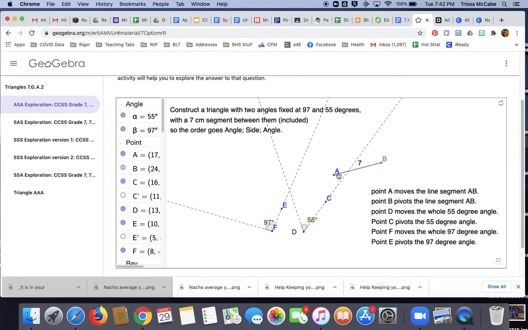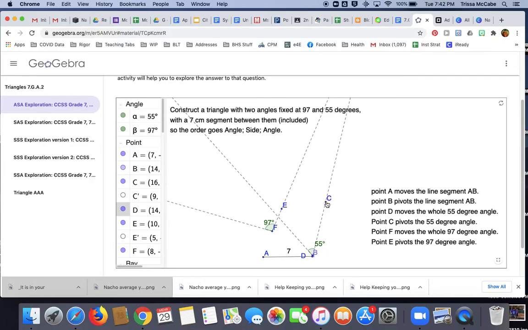We're going to take this segment AB, and we are going to construct a triangle that has two angles at 97 and at 55 degrees with this 7 centimeter segment AB between them. So I'm going to take this and I'm going to just move it down here so we have a little bit of room to work. And I'm going to put this 55-degree angle here on B.